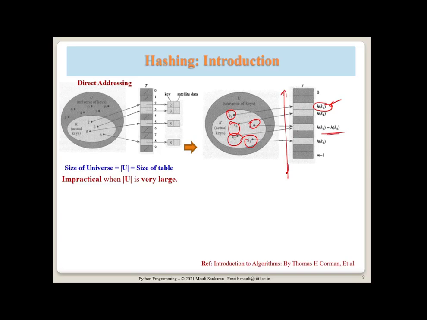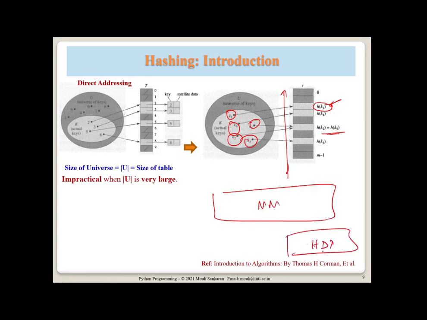The advantage is that you don't need to scan through it. If it is a huge array, and you have limited main memory while the huge array is in the hard disk, you may have to bring this index array in and then process it. That kind of thing will be there.